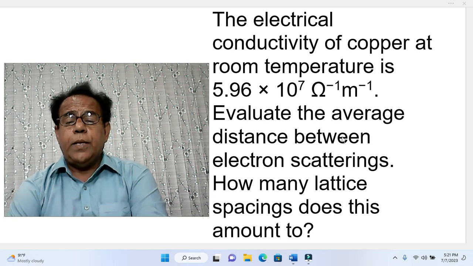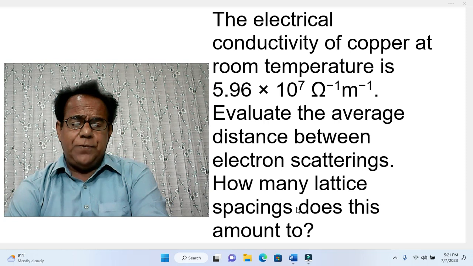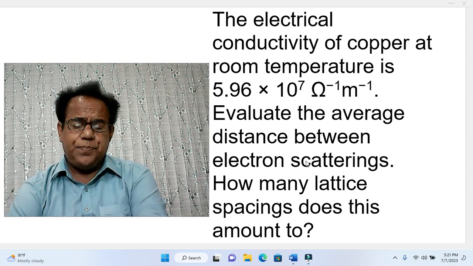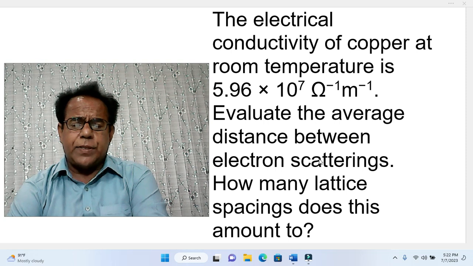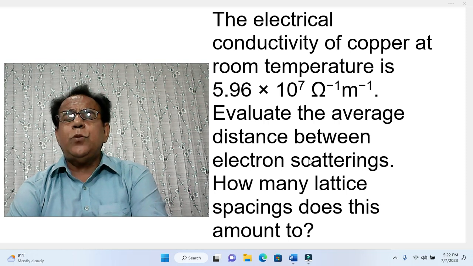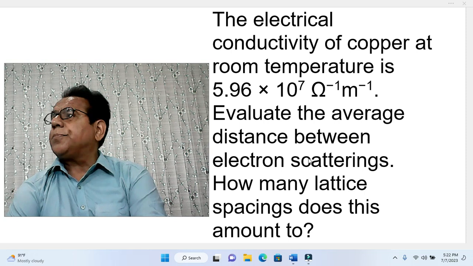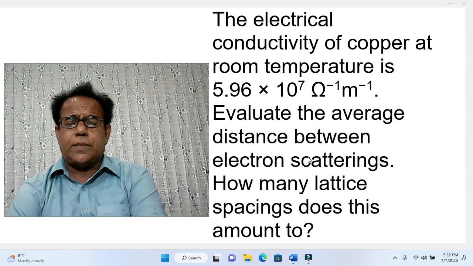Yes students, at the end we will compare our result with the spacing, with the average distance between electron scatterings, and this value is also given in the various tables used in solid state physics.